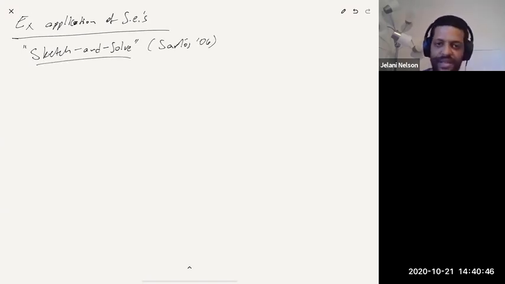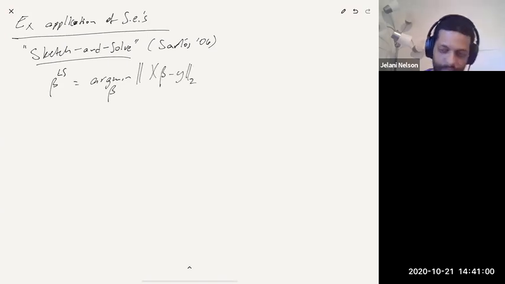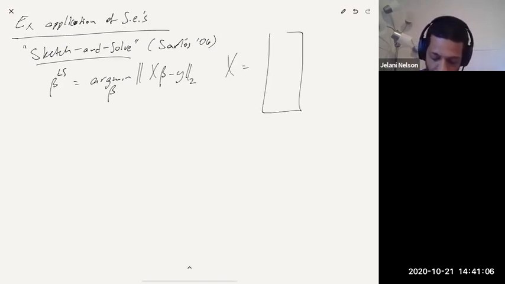The idea is to take a problem like least squares regression. So beta least squares is equal to the minimizer over all beta of the L2 norm of X beta minus y. You should think of X as a big matrix, and y is also a vector, and the dimensions have to match up.